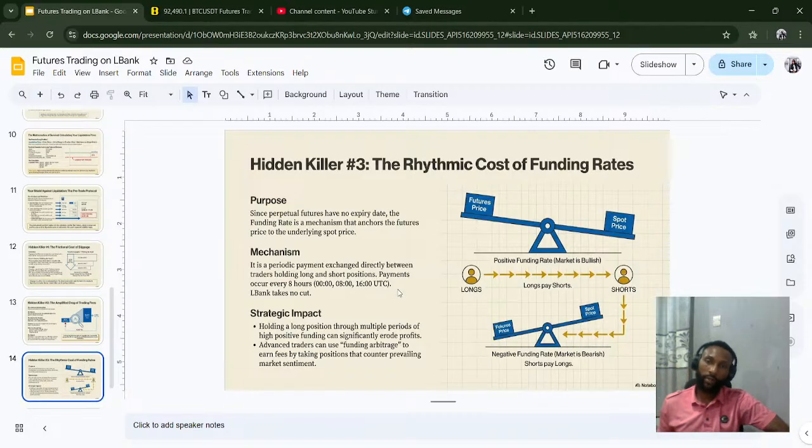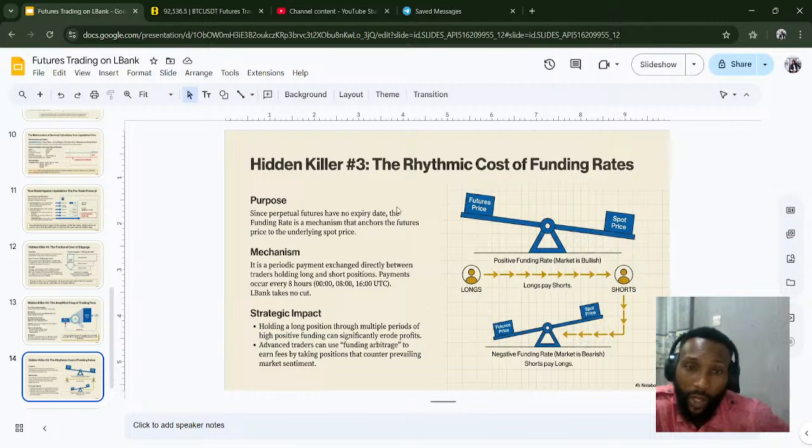All right, so hitting killer three: the recurring cost of the funding rate.